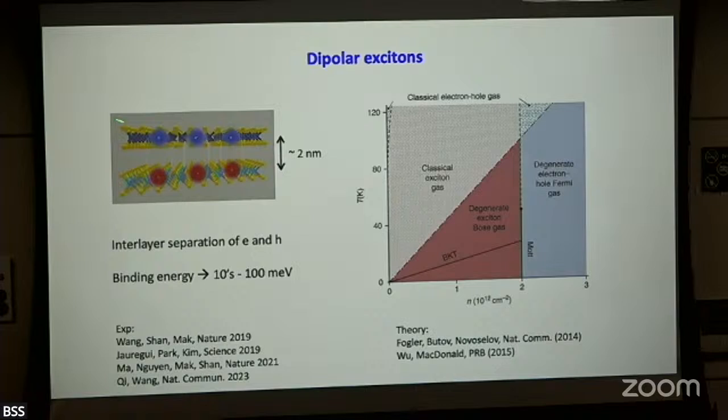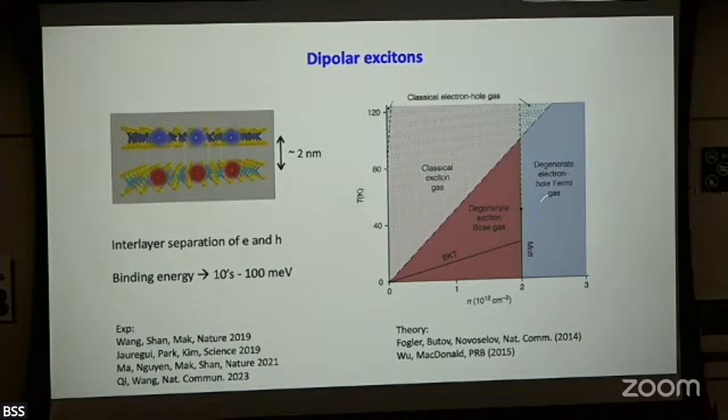They consider exactly this problem, when the 2 TMD semiconductors are 2 nanometers away from each other, and they look at the phase diagram, temperature versus pair density. So when you increase the pair density, you reach some limit on the order of 10 to the 12 per centimeter squared. This is the Mott transition I was talking about.